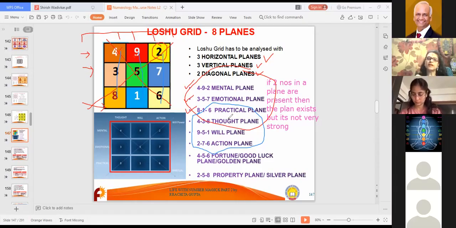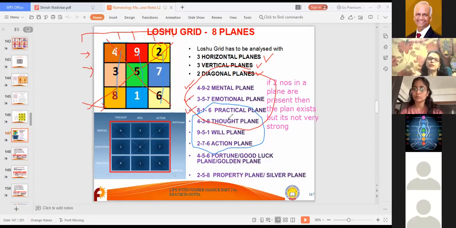So 159 becomes your willpower plane, meaning you conceptualize something, you plan something, and now, with the help of your willpower, you put it into action. You need to have determination to pursue that goal, and if there is any opposition, you will not bow down to it. That's the willpower plane.